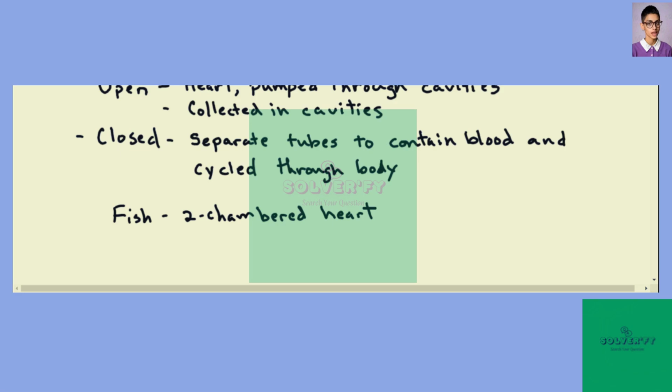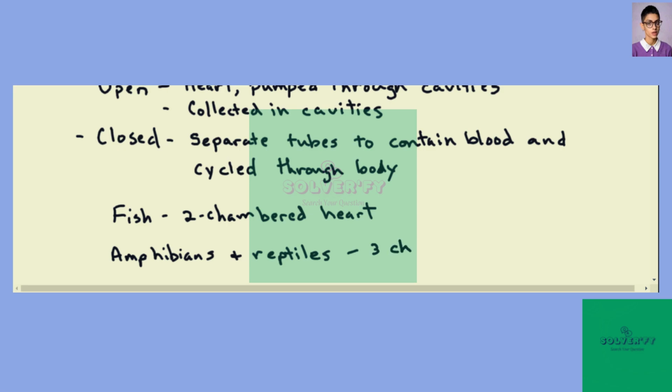For organisms that developed lungs and started breathing air from the land, things like amphibians and reptiles, they have a little bit more advanced system that allows them to pump blood through the lungs. So they're going to have a three-chambered heart.